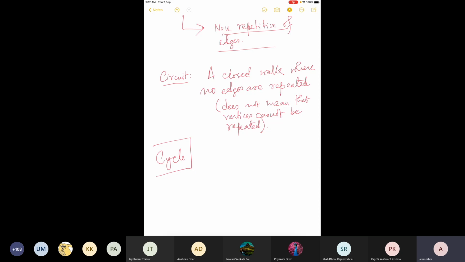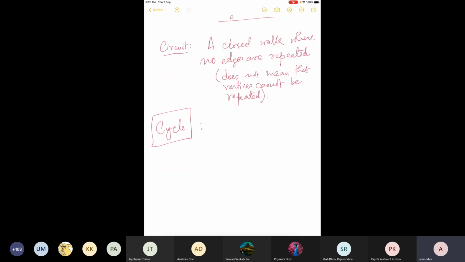And cycle, which is something that you will see recurring in many different applications. A path that has the same start and end vertices. This is a closed path.